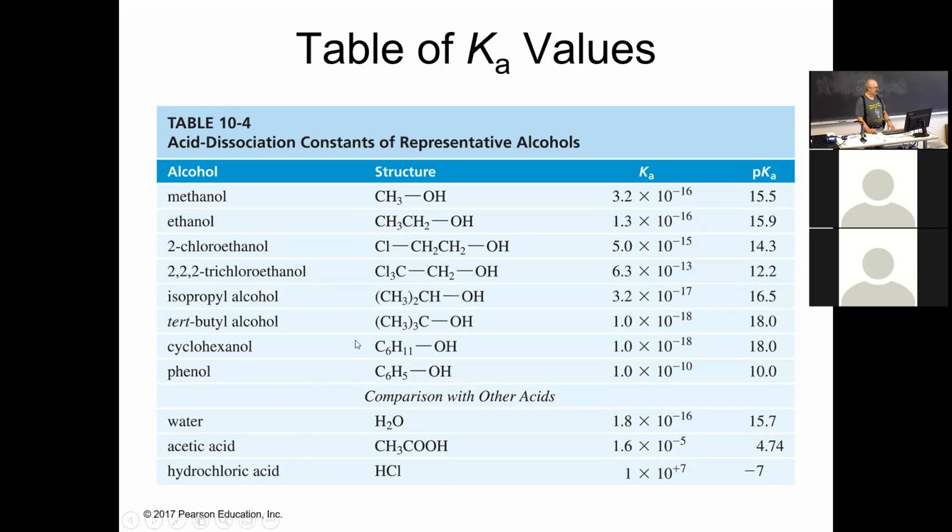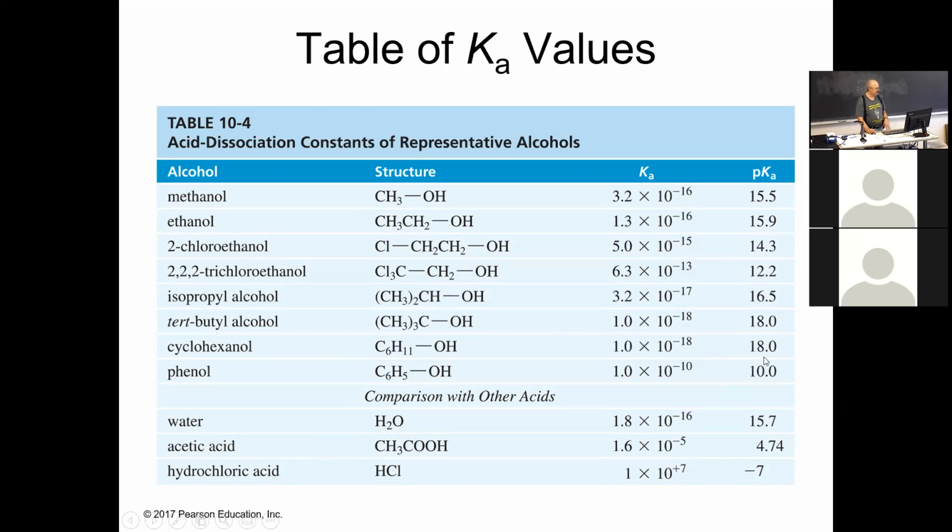On the previous slide, I talked about the degree of substitution. So isopropyl alcohol is less acidic than ethanol. Tert-butyl alcohol is even less acidic, about 100 times less acidic than ethanol.